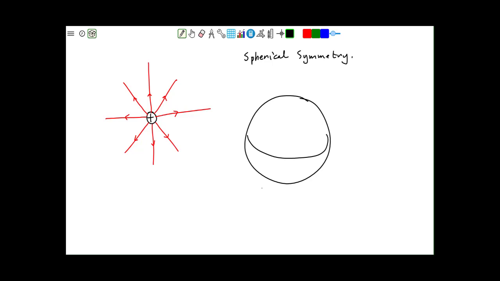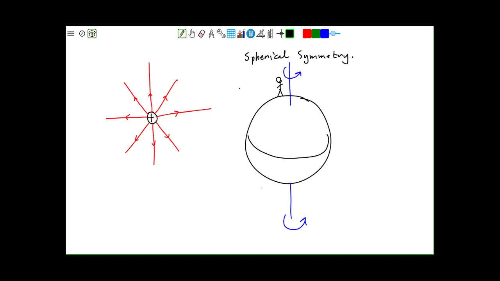Let's say you are standing near an axis that passes right through one part of this sphere, and let's say now that you rotate this sphere about that axis.